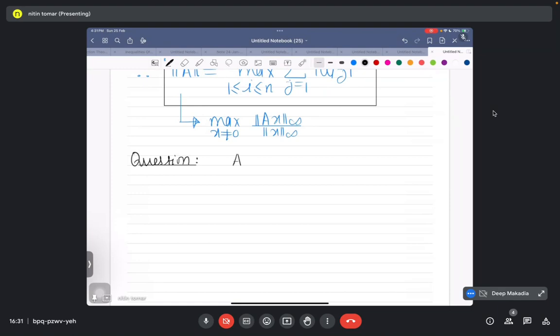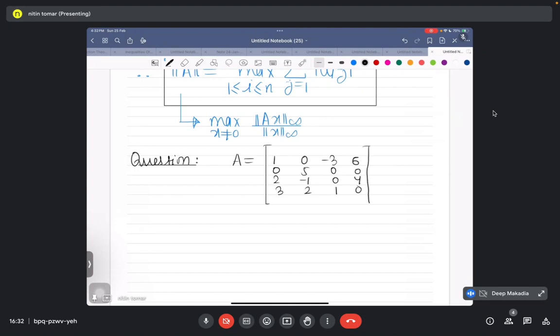Just take 1, 2, 3, maybe 0, 0, 5, minus 1, 2, minus 3, 0, 0, 1, 0, 4, 0, 6.